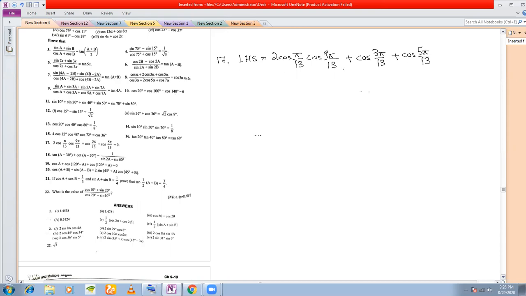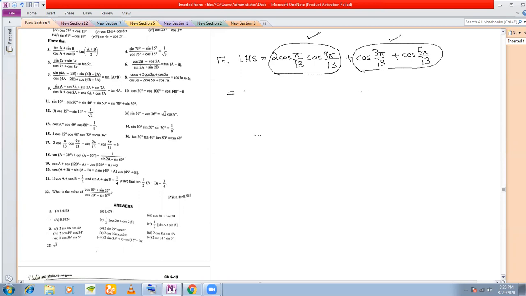Now see, this is a product, right? And this is a sum. So what I'll do here is, I'll either change this sum to a product or change this product to a sum. Better to change a product to a sum.